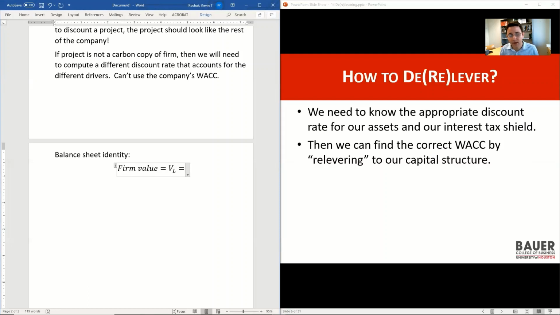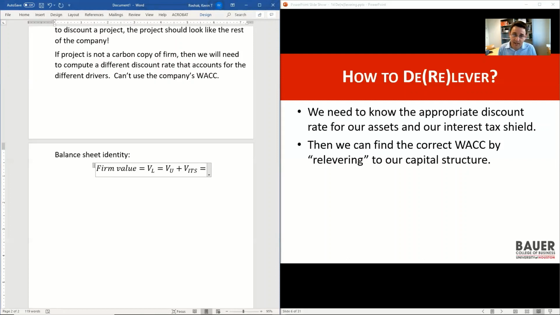We can think about the value of the firm as the value of the unlevered firm, VU, plus the value of all those tax shields, VITS. So we're breaking the firm value into two pieces: the value of the assets if there was no leverage, and the value of the tax assets, the value of all of those tax savings that are coming from our capital structure.